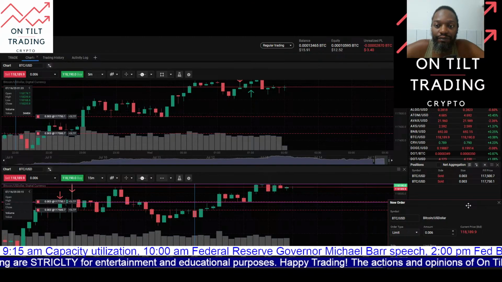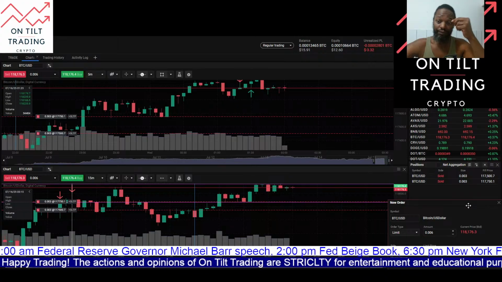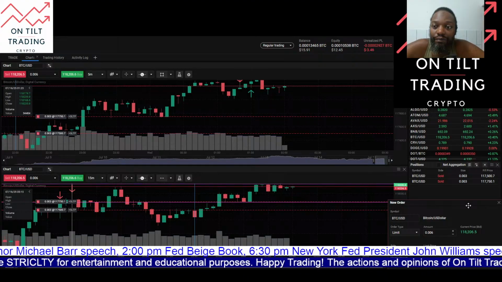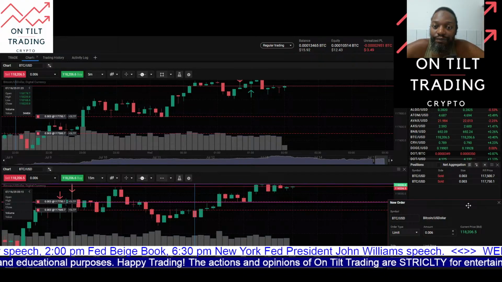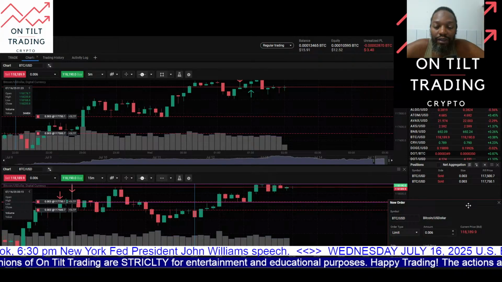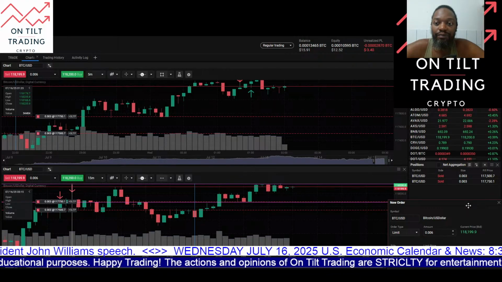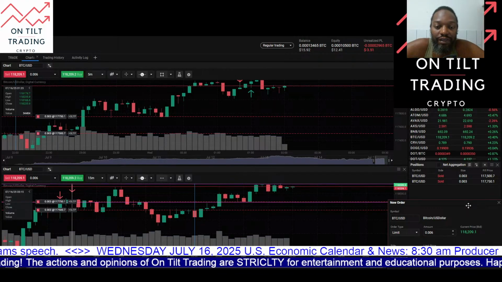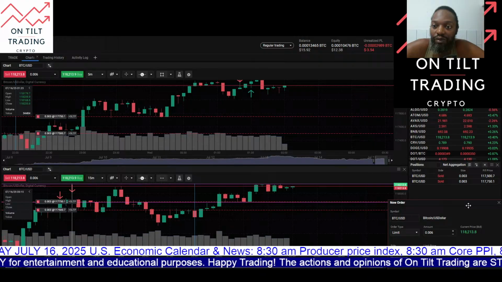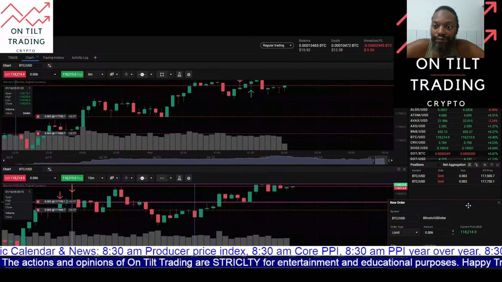118,180. 118,200. So unless this candle does something, or at least unless this candle does some serious sell side delivery with market structure shifts, I don't believe Bitcoin will offer another trade to the sell side here during this session.